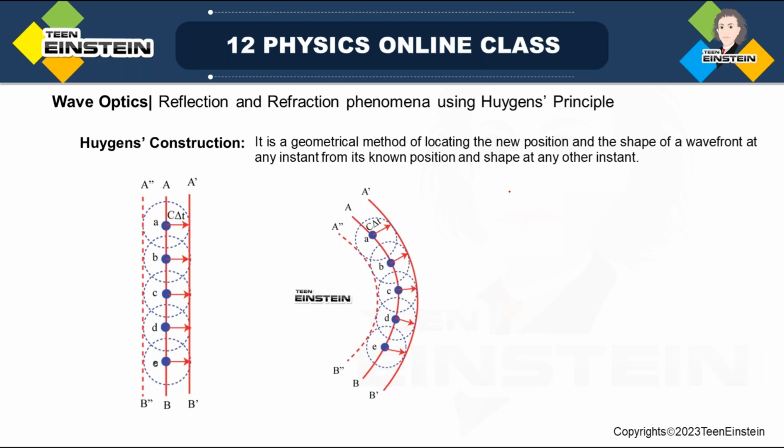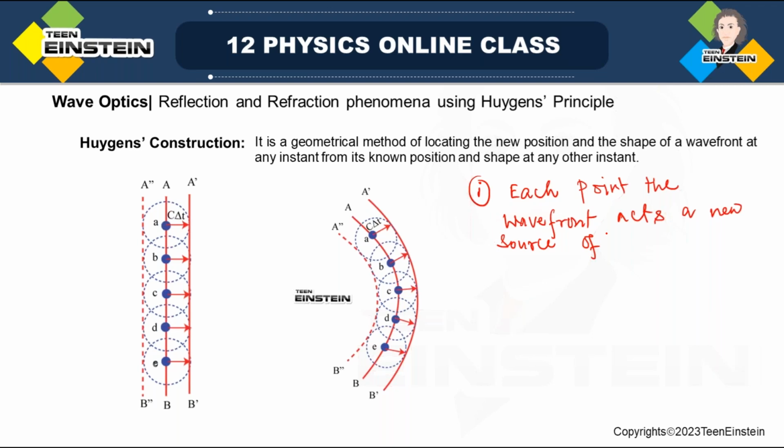So the first point was: each point on the wavefront acts as a source of new disturbances.